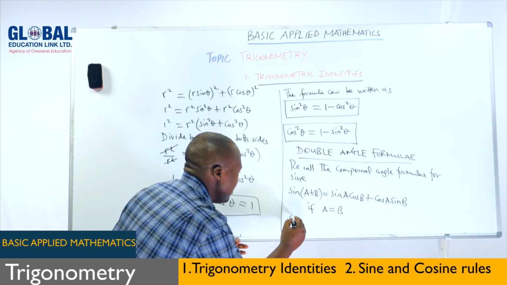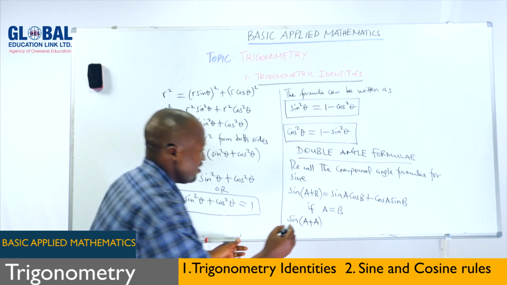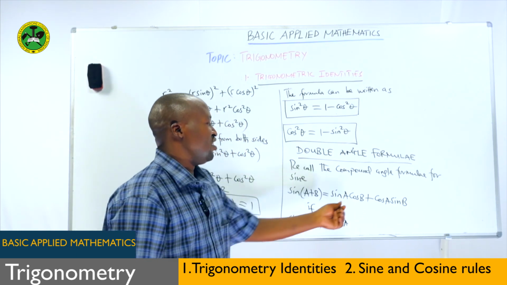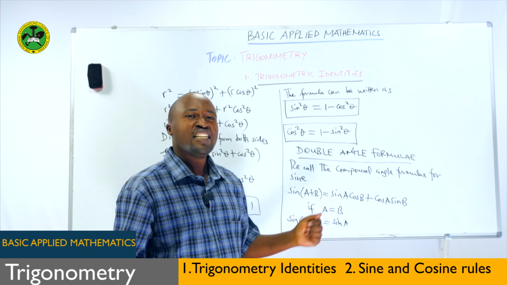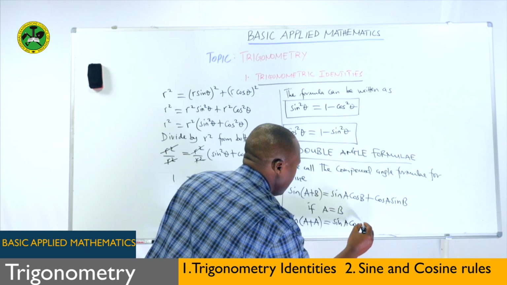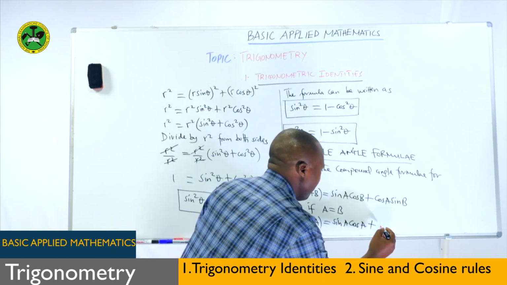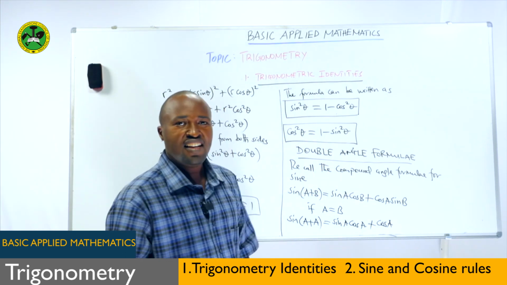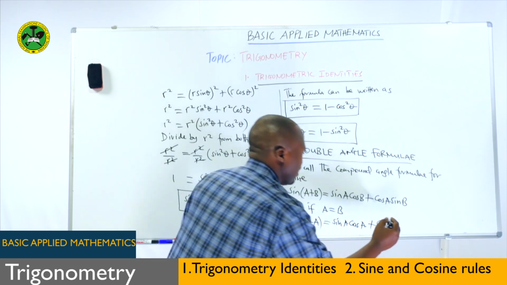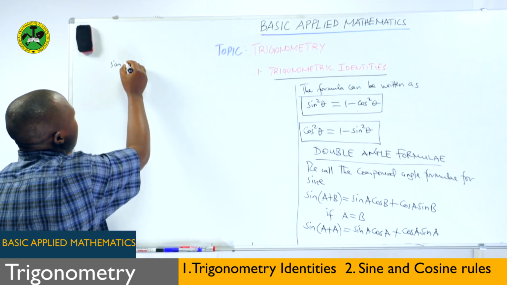This will be sine of A plus A, which is equal to sine A, then cos B. Instead of cos B, we write cos A, because A is equal to B. Again, plus cos A, then sine B; remember, A is equal to B, so we write sine A. And sine of A plus A is sine 2A.